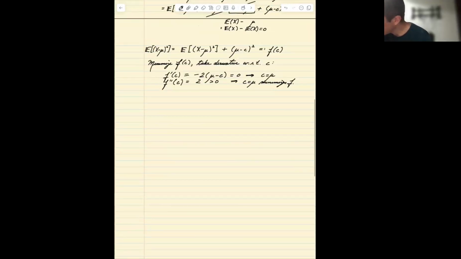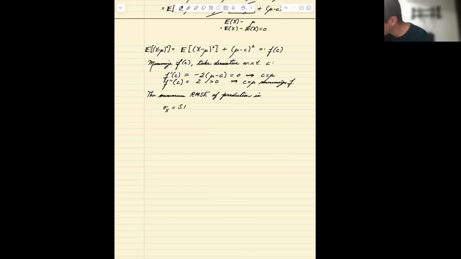So that implies that the minimum root mean squared error of prediction in this case is given by what's called sigma x.